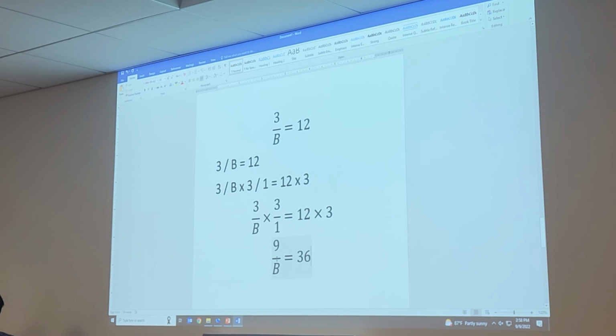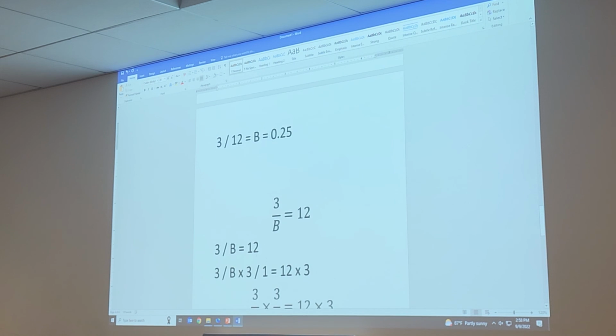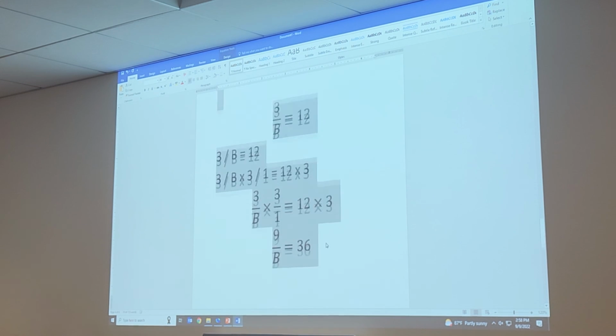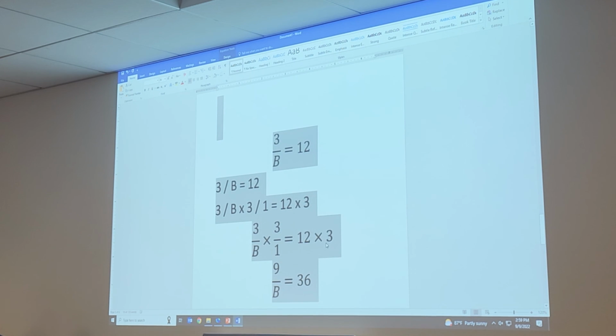It would only work if the 3 was in the denominator. So b has to be in the numerator, and 3 has to be in the denominator. You only do that when the number is in the denominator; it doesn't work for the numerator. So your variable, your unknown, has to be in the numerator for that to work.